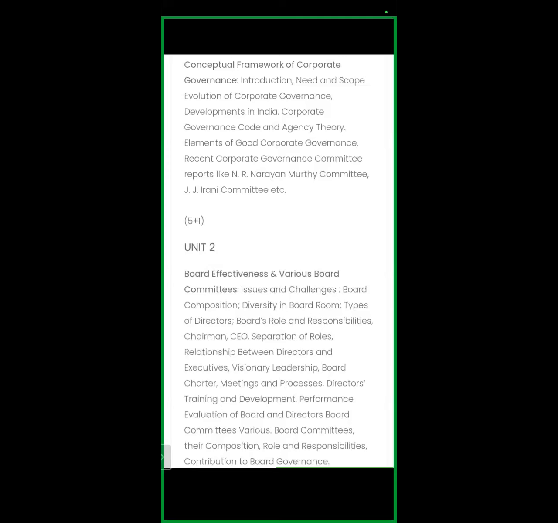And unit number 5 is related to certain cases, which makes it the most interesting part of discussion in corporate governance. That is unit number 5. What are the cases that we are going to discuss? Very famous cases which are related to corporate governance.